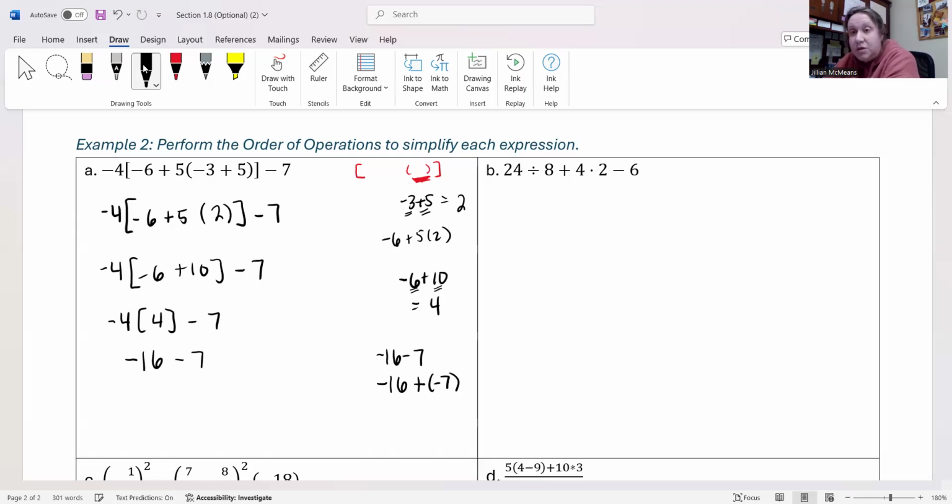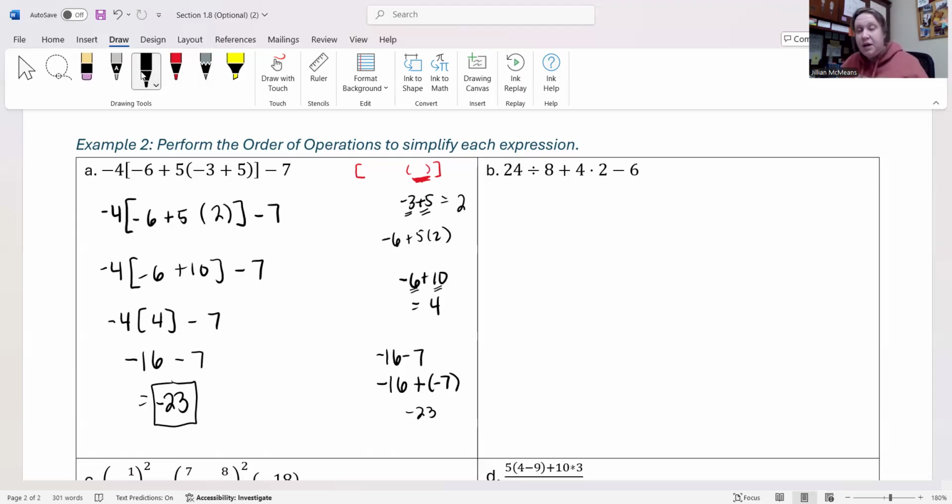So now I'm adding two numbers that have the same sign, which means I add and just keep the sign. So I'm going to add these two absolute values and then just keep it negative. So 16 plus 7 is going to be 23, and it will end up being -23. So my final answer is, whoops, I forgot my negative. My final answer is -23.